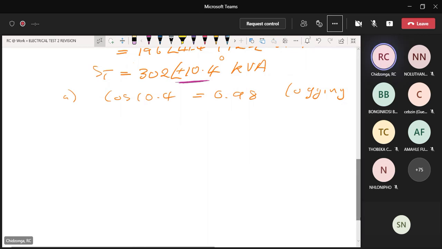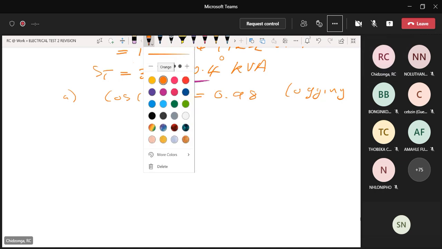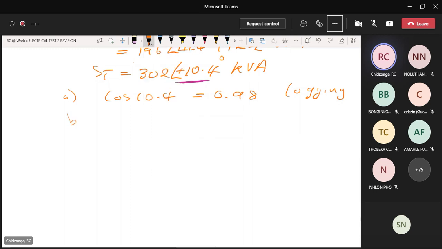Right, so let's go to B. Find what is the source current in both magnitude and angle. Now, straight away from what I was saying, S total is simply 600 angle 0, that's given, times the current conjugate.